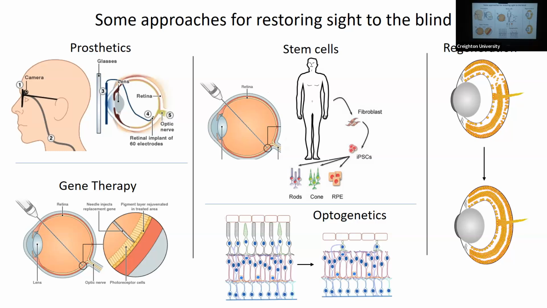That's something that people are using now to treat blindness. A biological analog of that would be optogenetics, where you would deliver a light-sensitive ion channel, like channelrhodopsin, to the remaining cells, and that allows them to sense light and transduce that information.